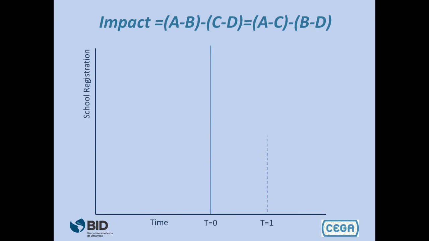Let's look at this in picture form. Here on the vertical axis we have test scores. On the horizontal axis we have time. So if we look at the group that gets the tutoring, prior to the tutoring their test score is represented by point B, or 60%.